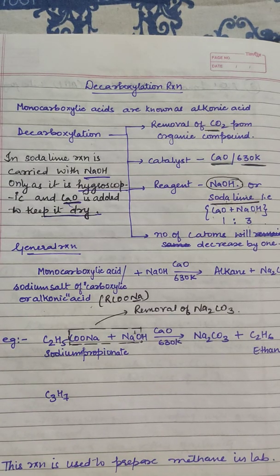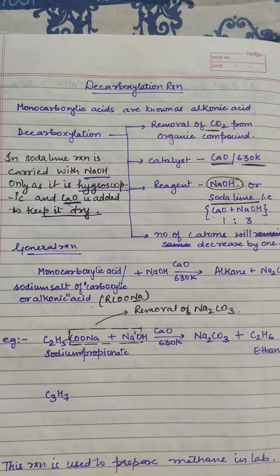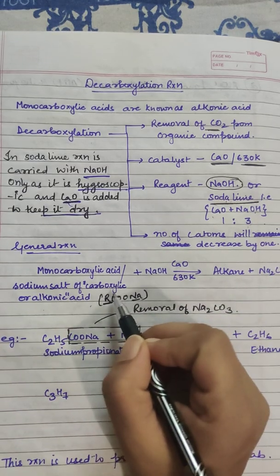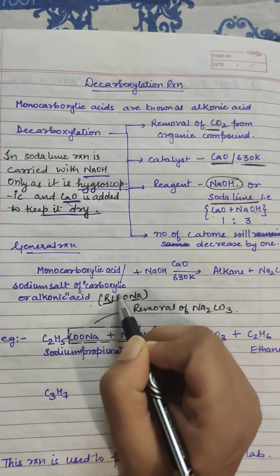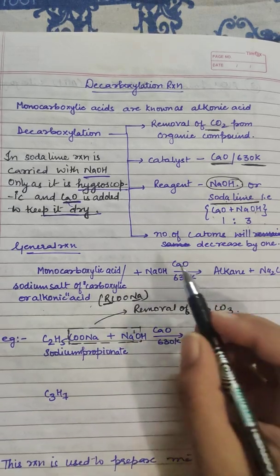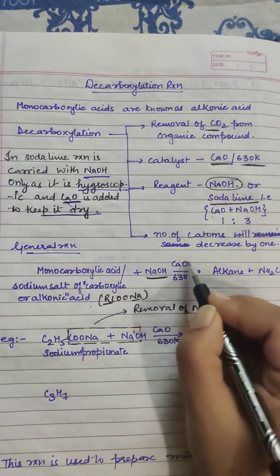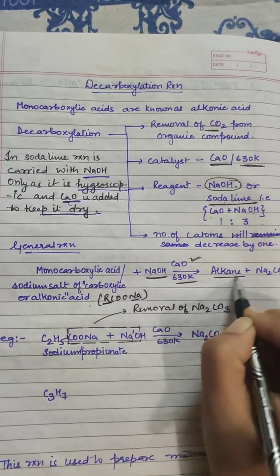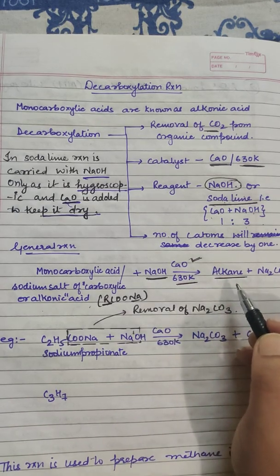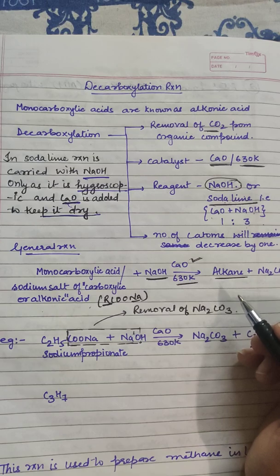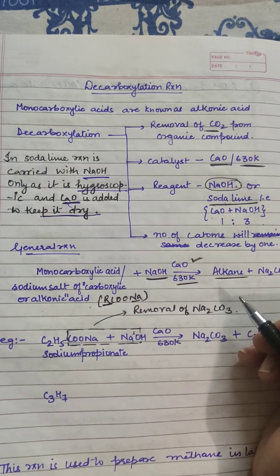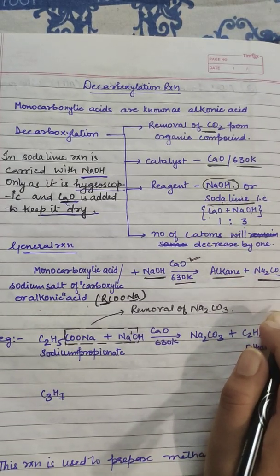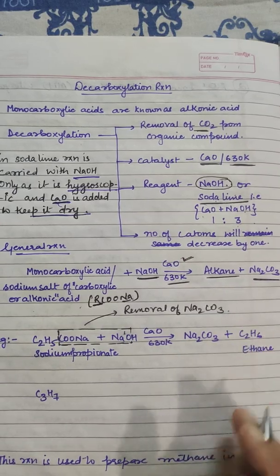So RCOONa is what we use as the reactant, where R is any alkyl group, COO is the carboxylate, and Na is the sodium. When it reacts with NaOH, in the presence of calcium oxide at 630 Kelvin, you will get the respective alkane, in which one carbon atom will be less as compared to the initial alkanoic acid, and Na2CO3 will be liberated.